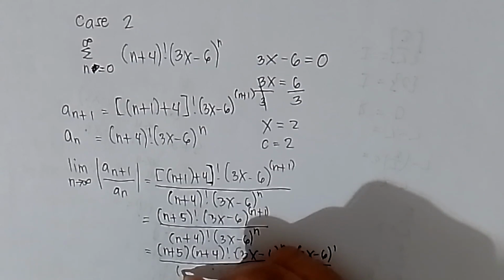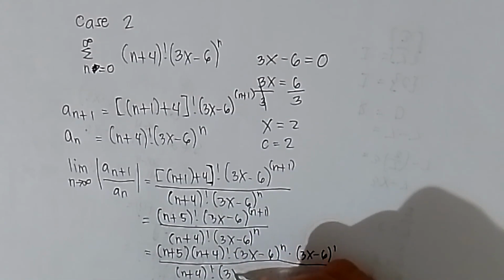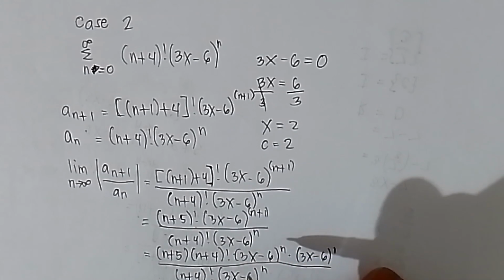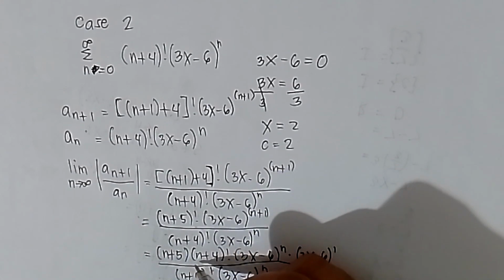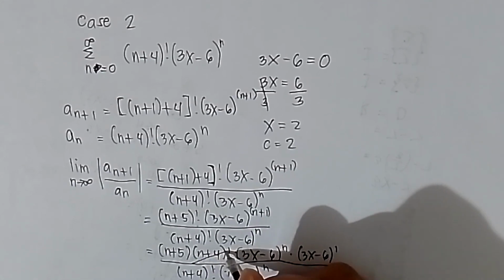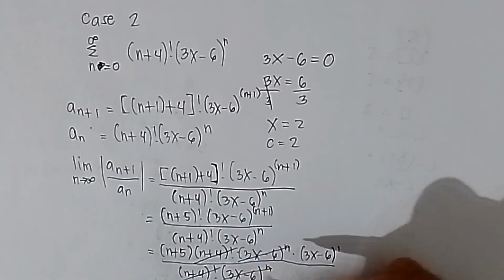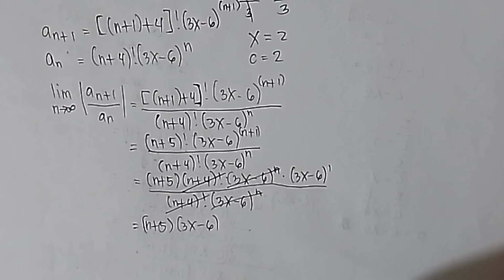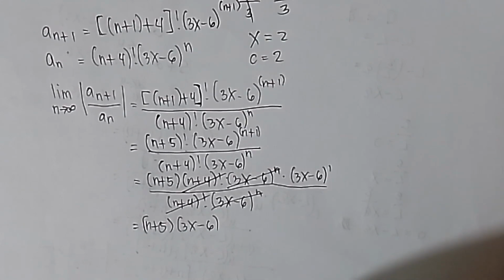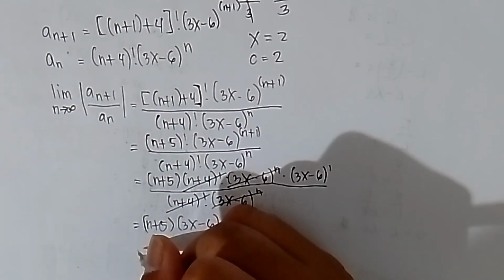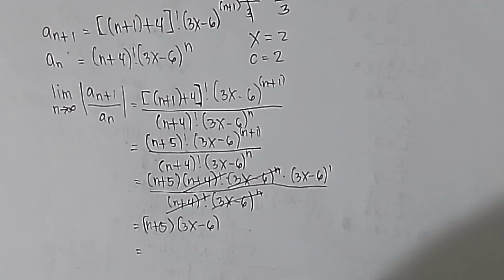Then copy the denominator, (n plus 4) factorial (3x minus 6) raised to n, and we're going to cancel out (n plus 4) factorial and (3x minus 6) raised to n. And then we're left with n plus 5 times 3x minus 6.